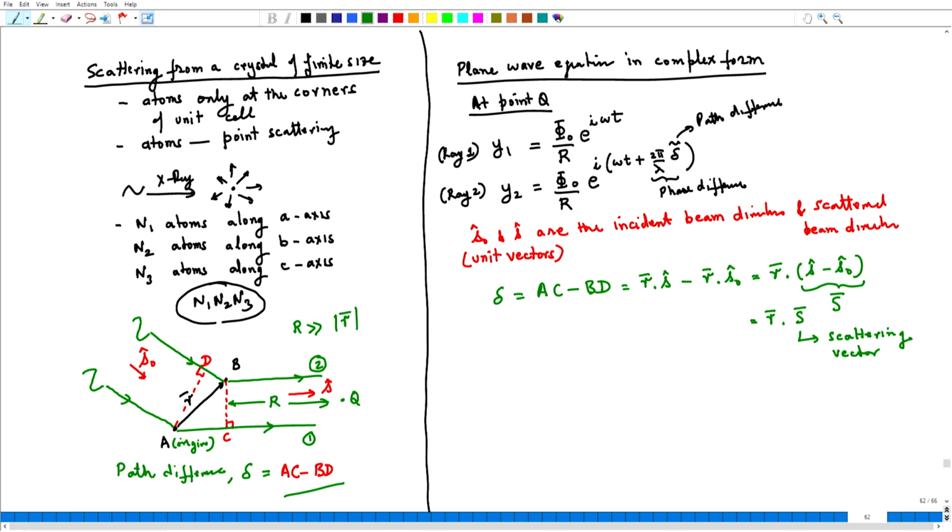Before proceeding further, let me spend some time on the scattering vector S. Let me give it a geometrical interpretation. Suppose this is my vector S naught, this is my unit vector S. So, S naught is the incident beam, and vector S denotes the scattered beam.